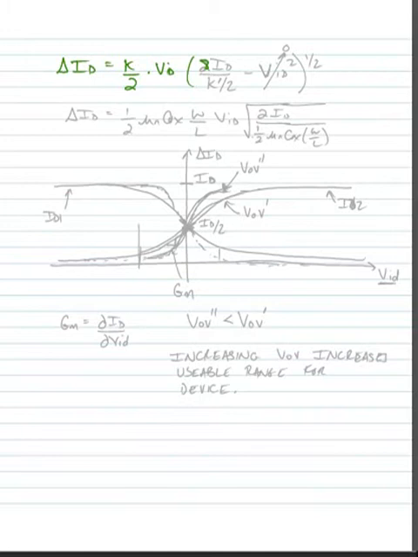times the square root of the whole quantity, 2 ID over K prime over 2 minus VID squared.